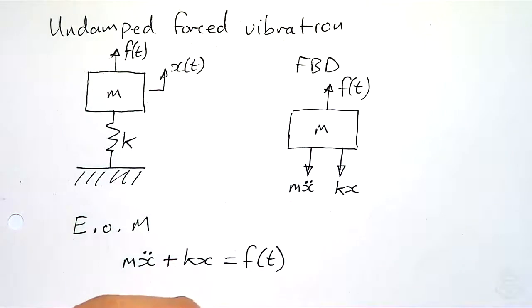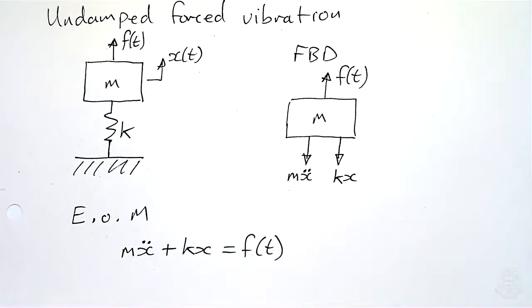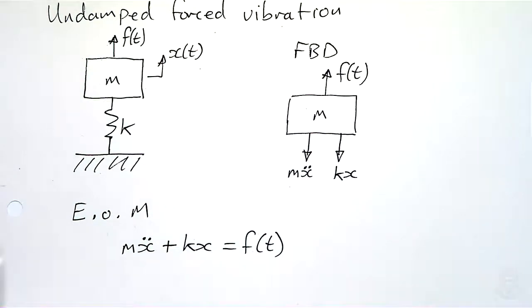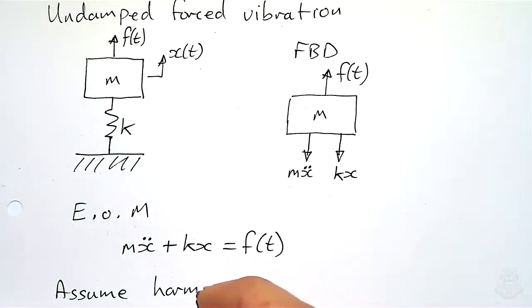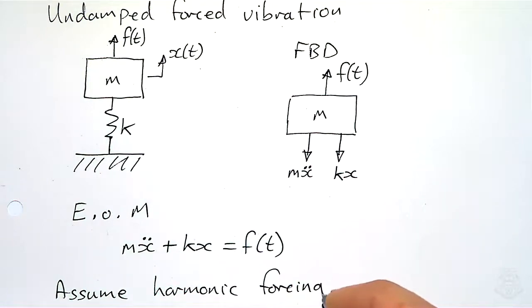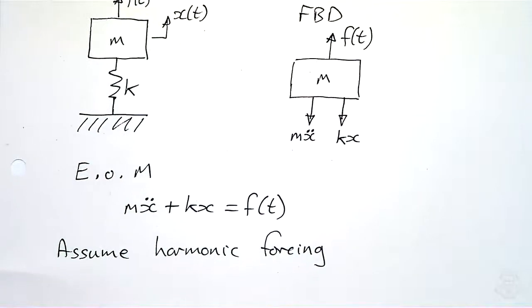Okay, so we're going to take a similar approach to what we did before. We're going to assume a harmonic solution and a harmonic forcing. We're going to do the forcing first. So what does that look like?